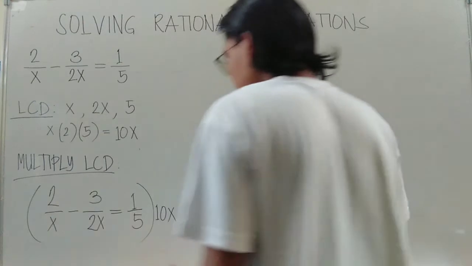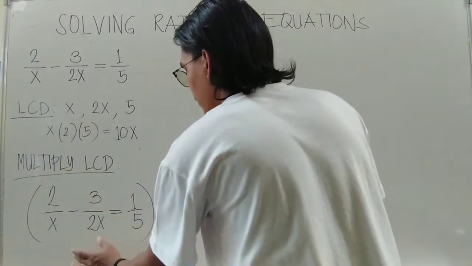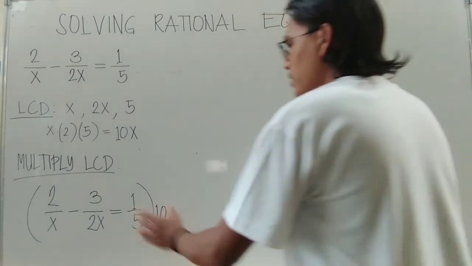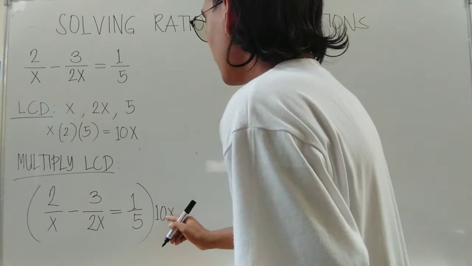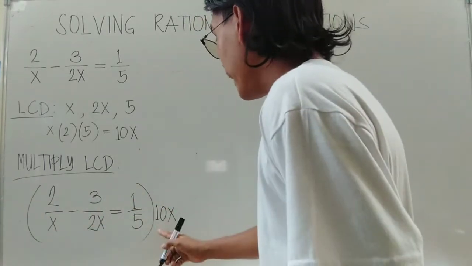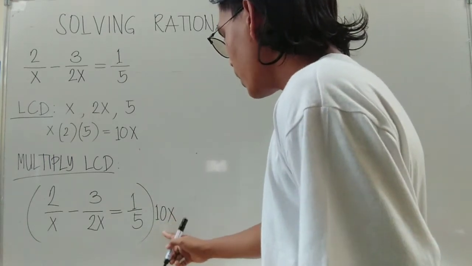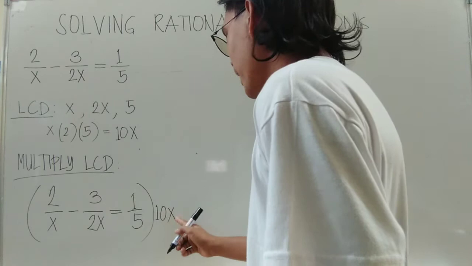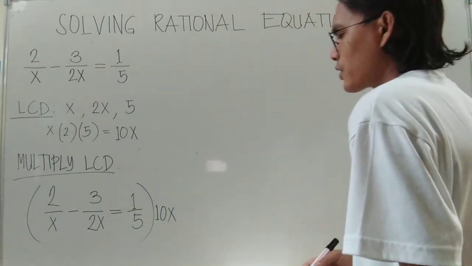Let's distribute 10x to each term. These are fractions, so we multiply 10x as a whole number, with denominator 1, to the numerator of each term.